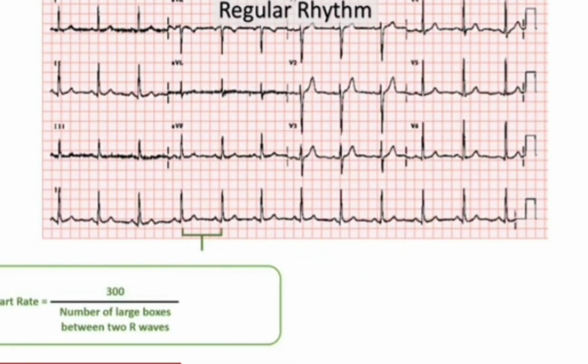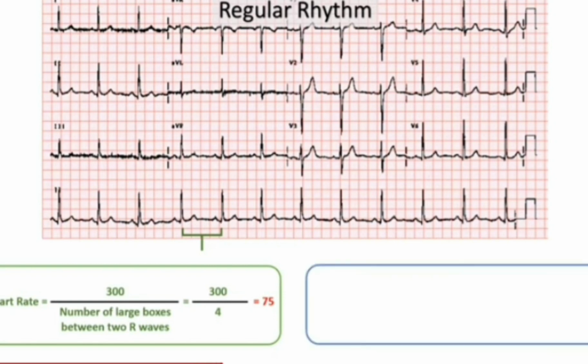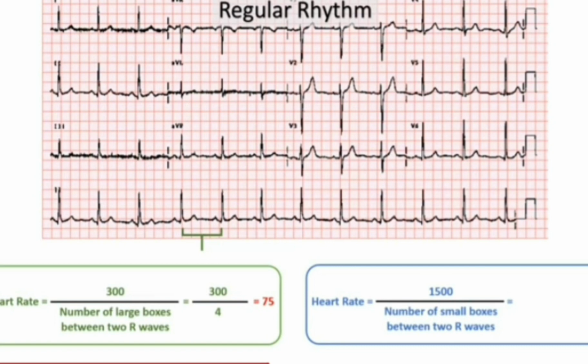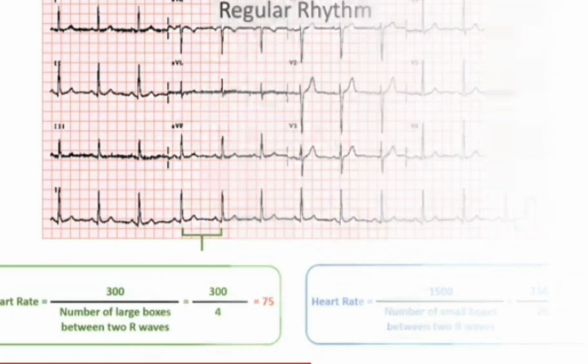Here 300 divided by 4, that is 75 per minute, is the heart rate. Or we can use heart rate equals 1500 divided by the number of small boxes between two R waves. So here it is 1500 divided by 20, which equals 75 beats per minute.